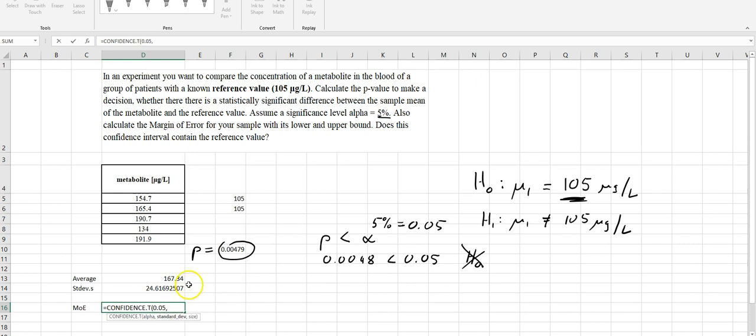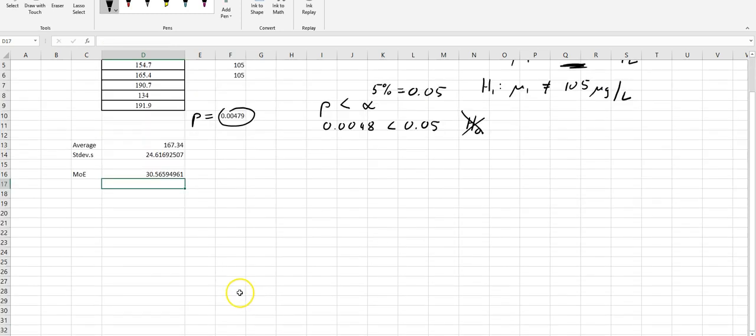It asks us for the sample standard deviation, that is what we just calculated, and it asks us for the sample size, and we had 1, 2, 3, 4, 5 individual observations. So our margin of error is 30.5.